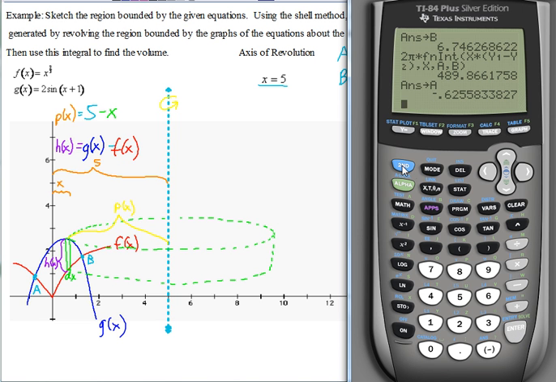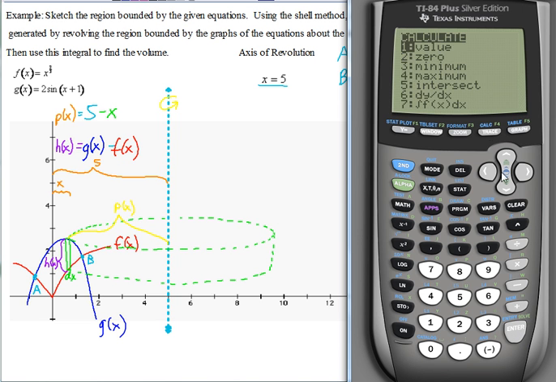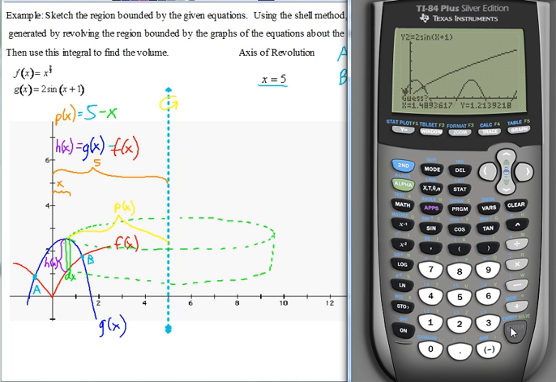And let's find the other point of intersection. So second calc, intersect. First curve y1, second curve y2, guess. Move the cursor over here. And that one's 1.4473883.